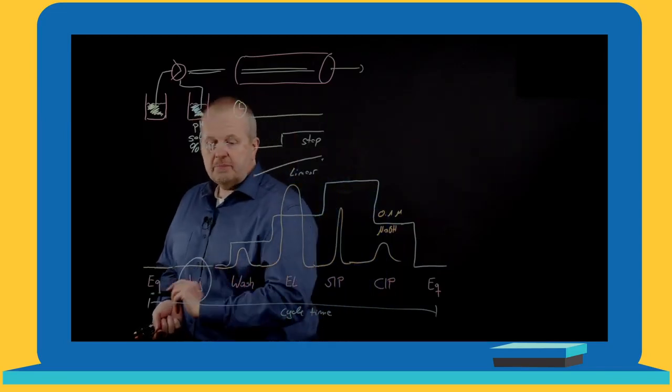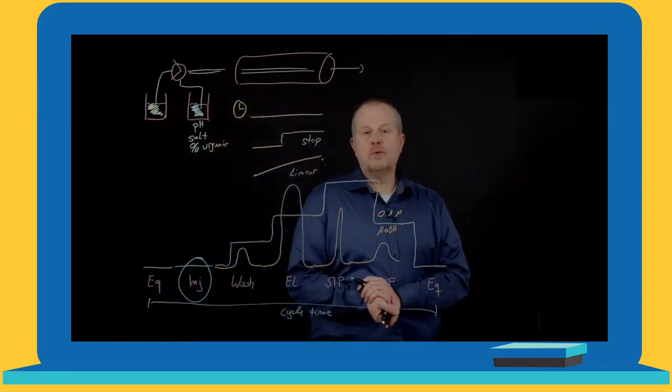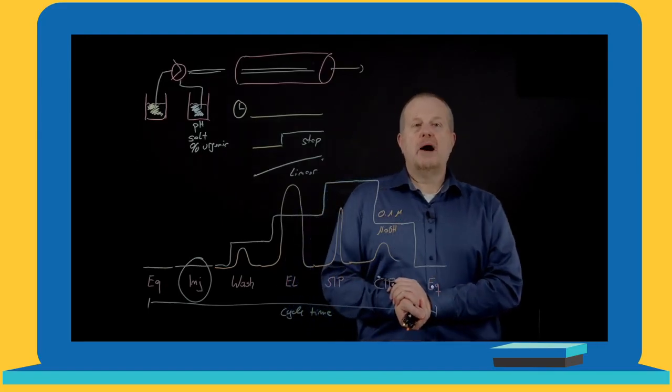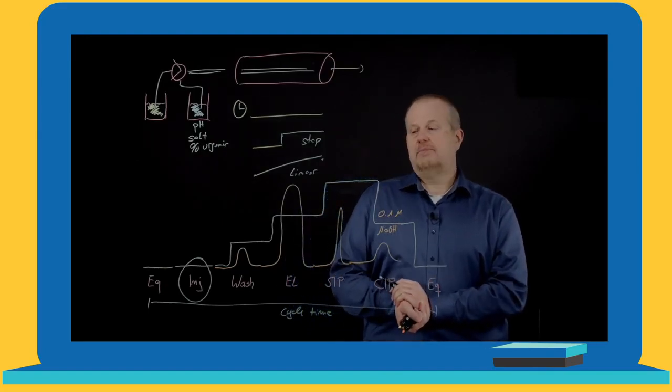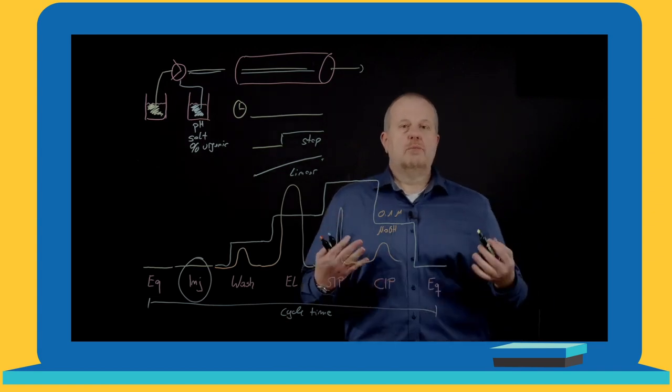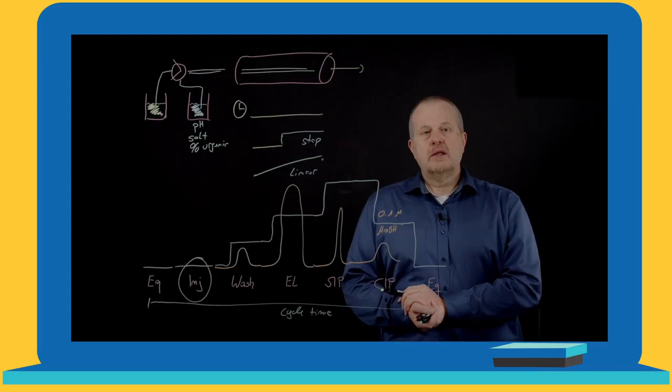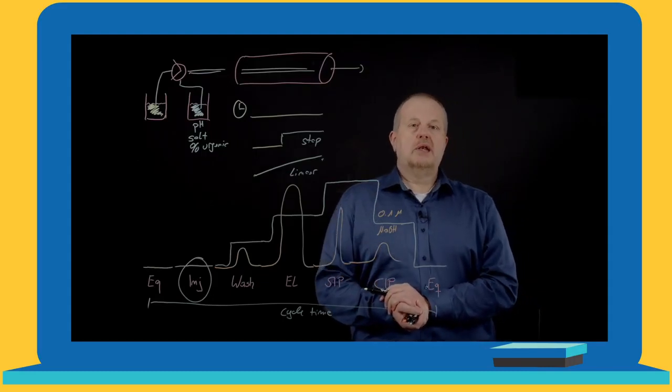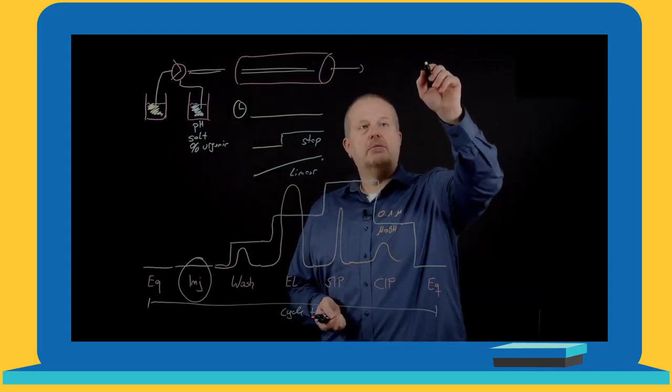So, last point to consider is, what is the optimum amount to be injected into our column? And for that, we have to have a look into how we can determine the optimum amount which we can inject in our column.